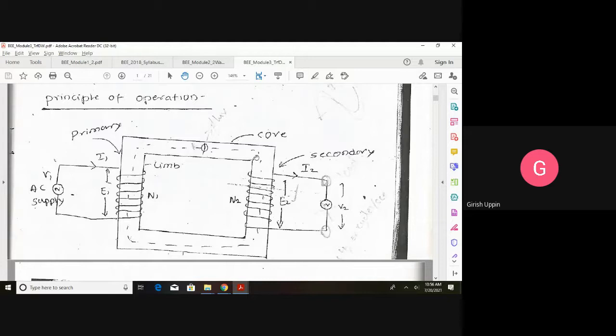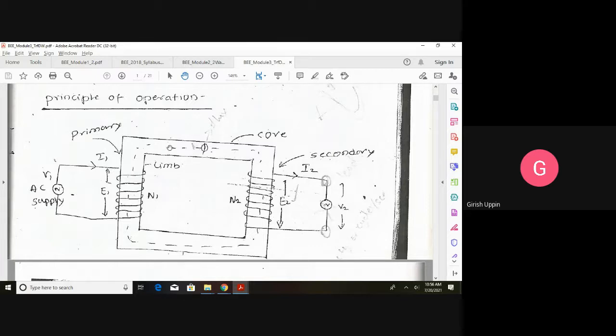This is the core, which is a magnetic material like silicon steel, and this core is made up of thin laminations. What you can see is a thick core having thin laminations, which are stacked together using an adhesive, which also works as an insulator, keeping all these laminations electrically apart.